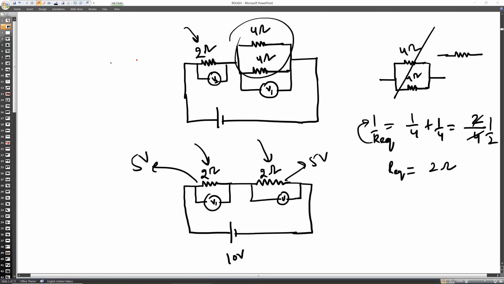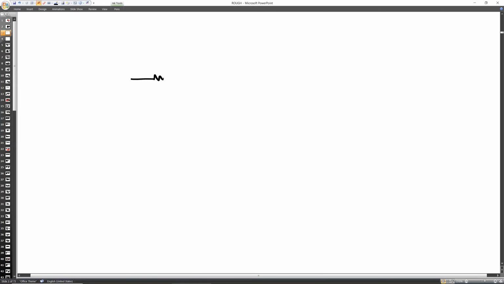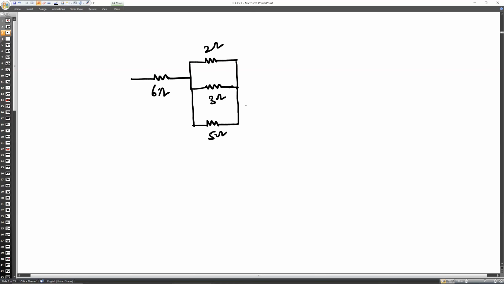Now, for your knowledge, suppose I have a 6 ohm resistor here, and a 2 ohm resistor in parallel, and a 3 ohm resistor here, and a 5 ohm resistor here.